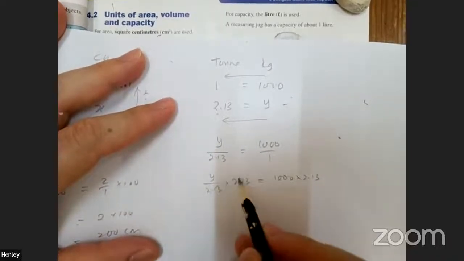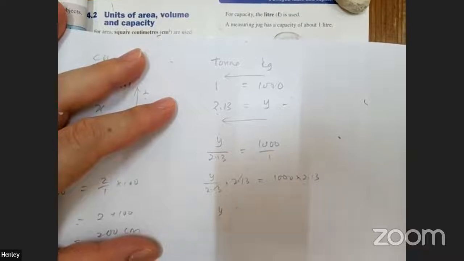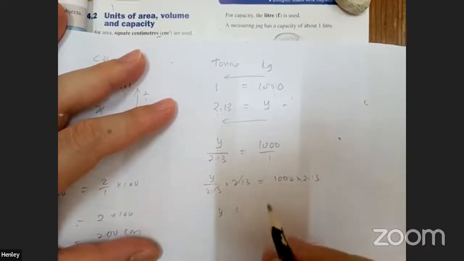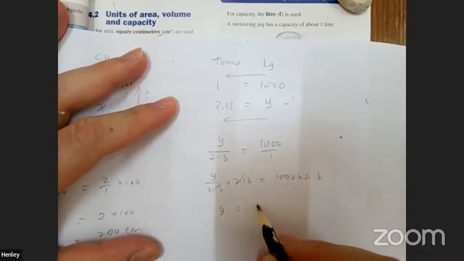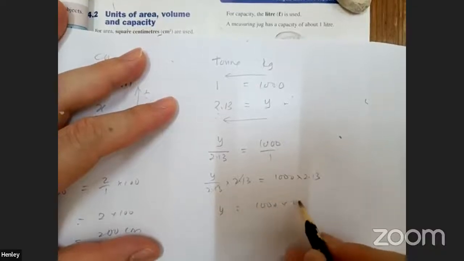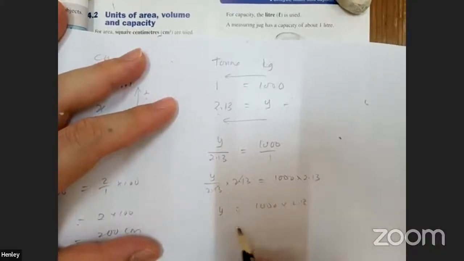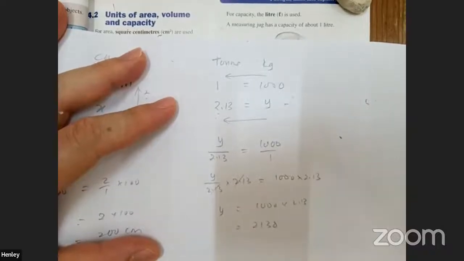So you cancel this one, then you'll get y equal to 1000 times 2.13, which will be 2130.